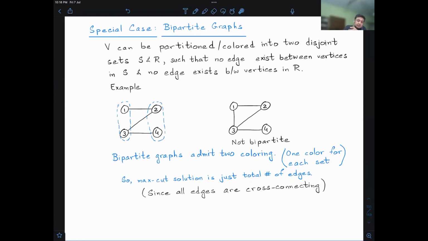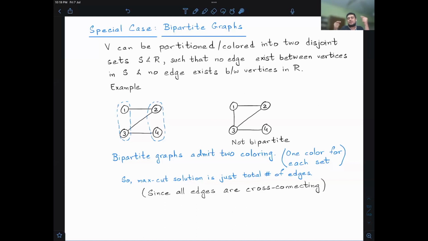And here the idea is very similar to how we are identifying cuts, in the sense that a graph is bipartite if the set of vertices could be partitioned, or equivalently colored, as we've been talking about it, into 2 disjoint sets. That's exactly the way we've been defining a cut. What's the additional requirement? Such that for these 2 different partitions that we identify, S and R, there is no edge connecting the vertices in S, and there is no edge connecting the vertices within R.